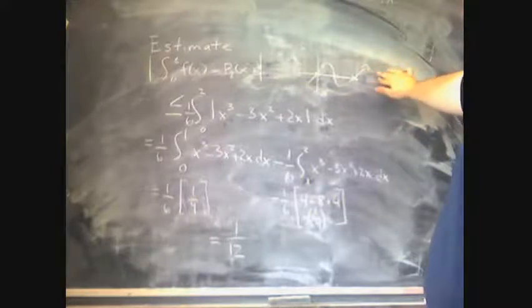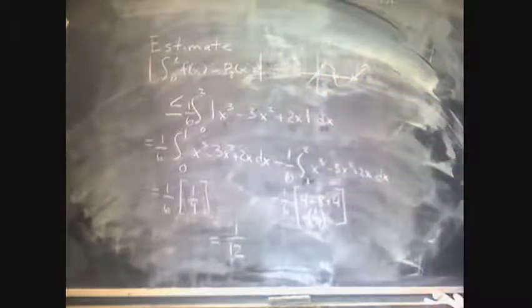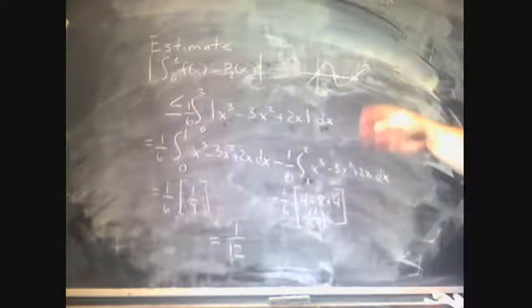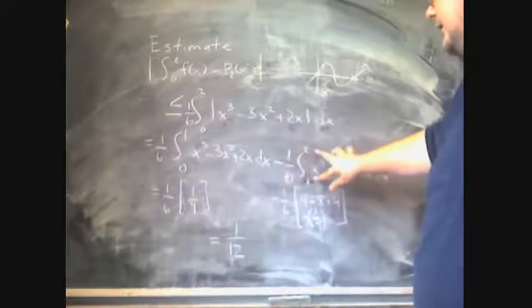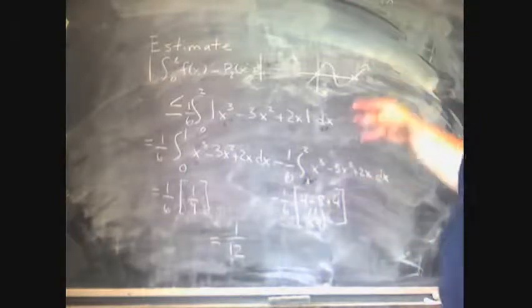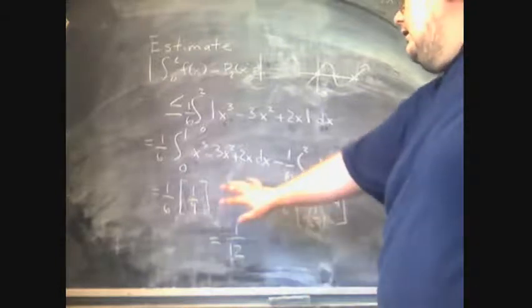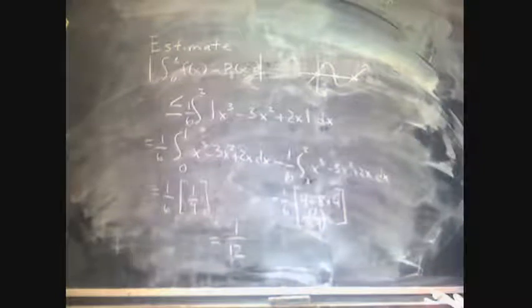So this is just a basic graph of the function. It's positive from 0 to 1 and negative from 1 to 2. So when we evaluate this integral, we need to take the positive integral from 0 to 1 and then subtract the integral from 1 to 2, since we're looking for an absolute value. Basically, if you evaluate all your terms, for the first half you're going to get 1/4 times your 1/6, so 1/24.